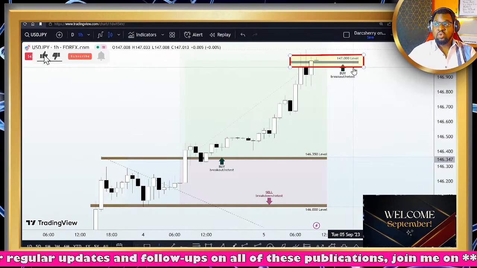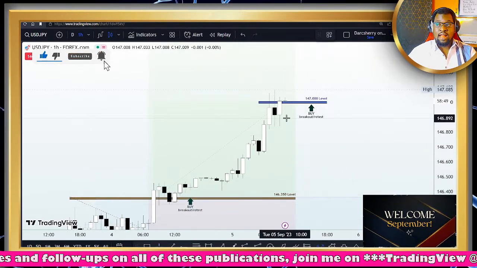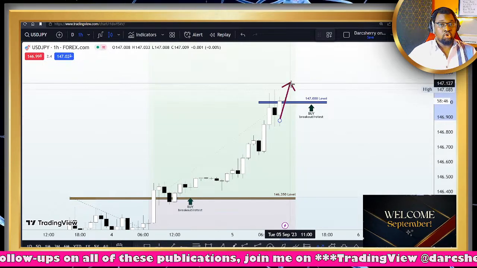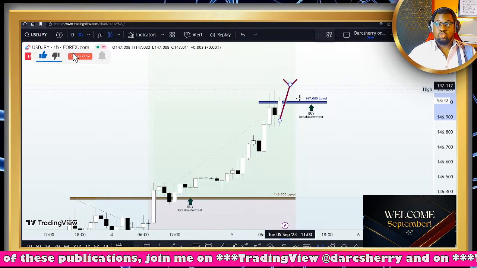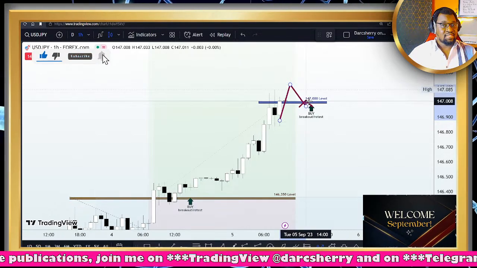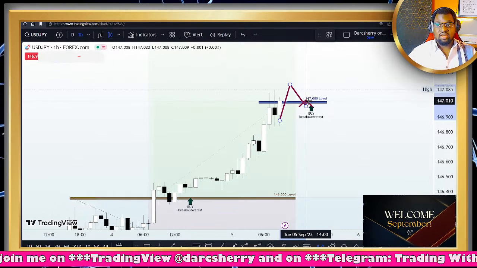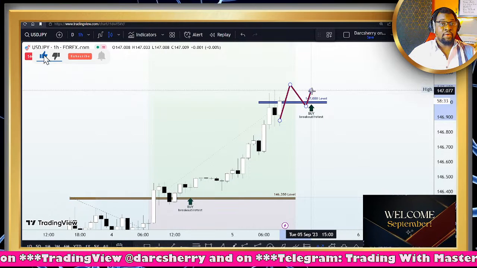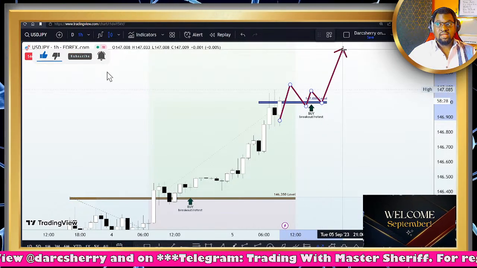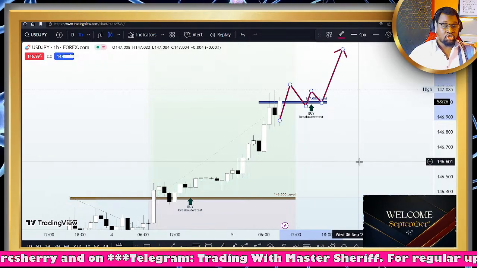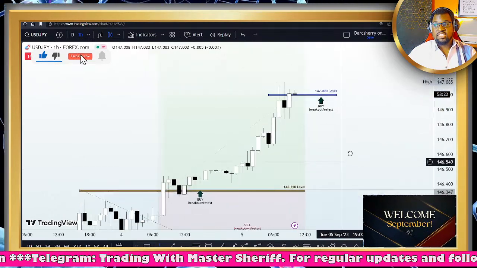And what you are going to be looking out for here is a breakout of structure happen first of all, after which you scale down to the lower time frame, like your 5 minutes, 10 or 15 minutes time frame, to look out for retest of structure, signs that sellers are finding it difficult to break through the 147.00 area. And of course, this would reflect on the chart as buy pressure to incite an uptrend continuation. So that is how we are going to be managing our position here on the USDJPY.